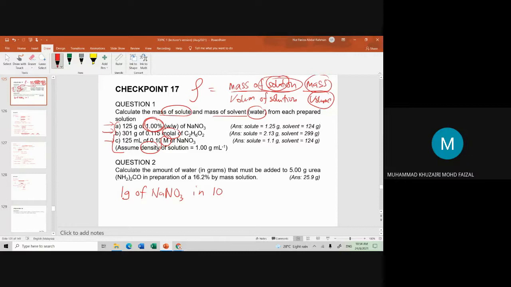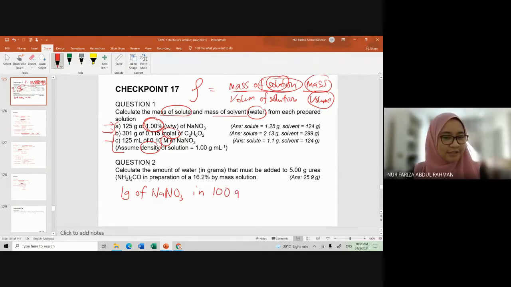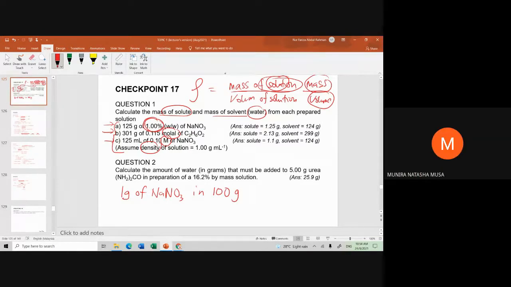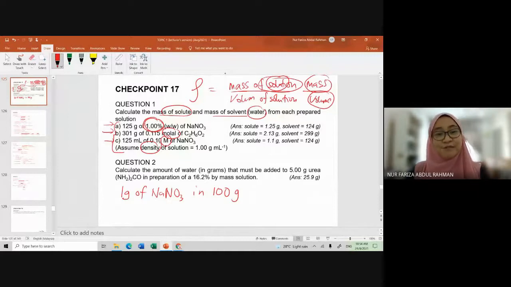Water. Are you sure it's water? Go and check the formula or the description for the mass percent. What should we do? Yes.